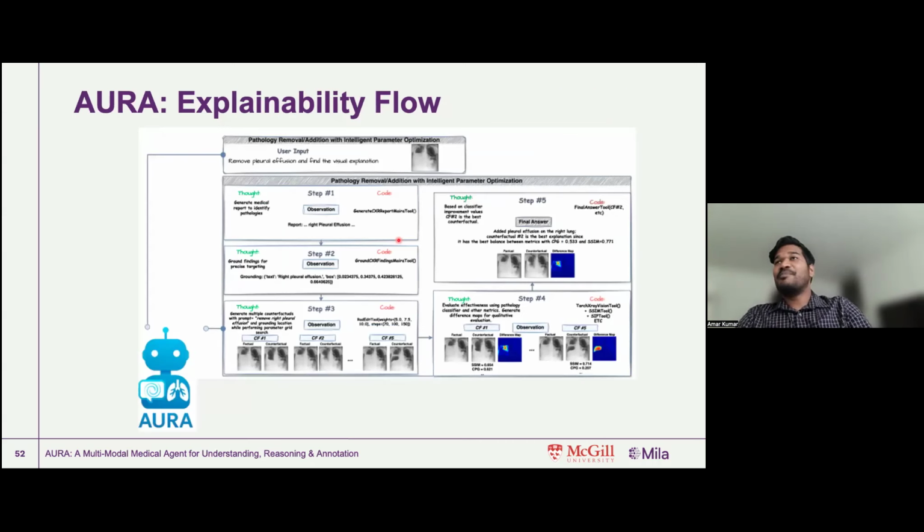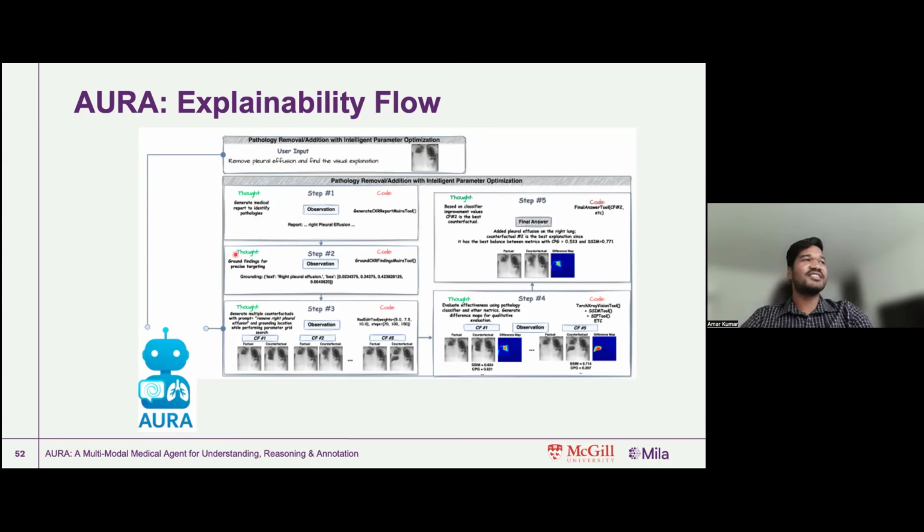Here is a pipeline that shows how it works. So imagine the user inputs a text prompt, "remove pleural effusion and find visual explanation in this image," and an image is given. Step one is that there is a thought process going on behind this architecture.